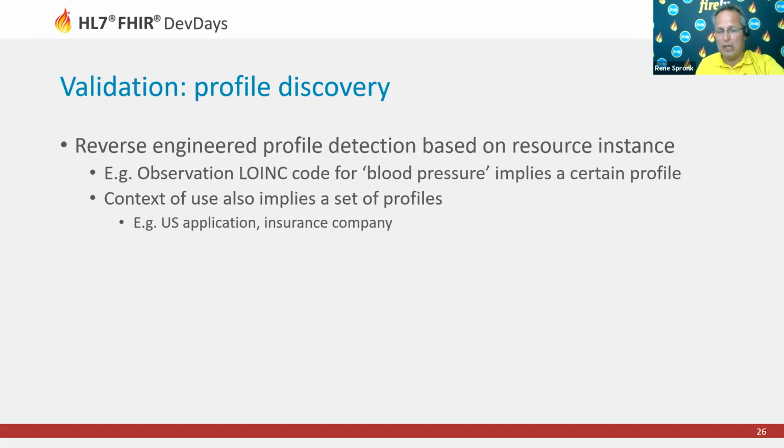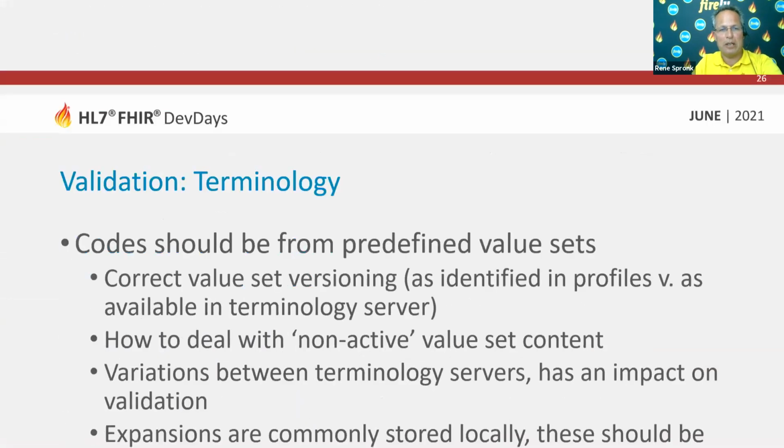For example, if you know that you're in the US and somebody sends you an observation with a LOINC code for blood pressure, you know that a US Core profile for blood pressure applies. And you're going to validate against that particular profile. Now, this is a bit counterintuitive, that you do not rely on the profiles that are listed in the metadata, but there have been rather lengthy discussions on this on chat.fhir.org as well. So this tends to be a bit of a best practice.